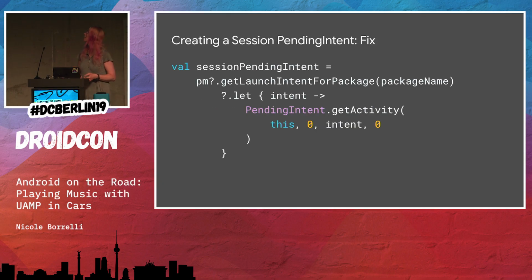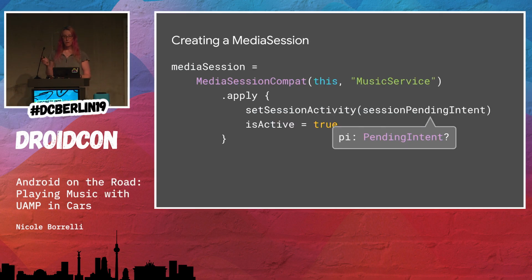I just fix it by getting the package, using that, and then using let, which is really nice, at least in Kotlin. And this works without having to check. At the end of this, the session pending intent will be null on Android Automotive OS, but setSessionActivity accepts null, so everything is cool.